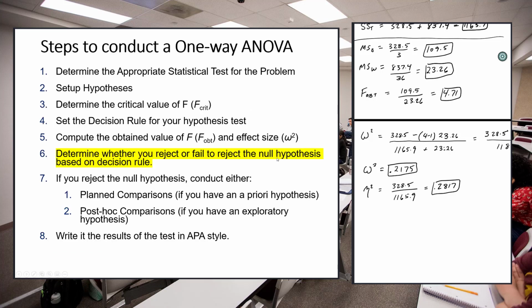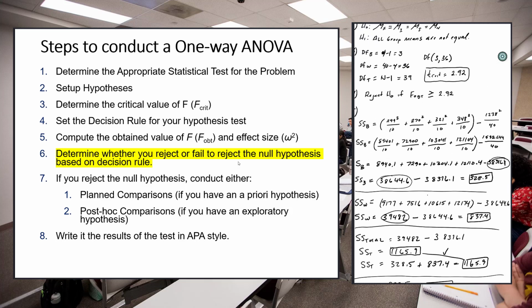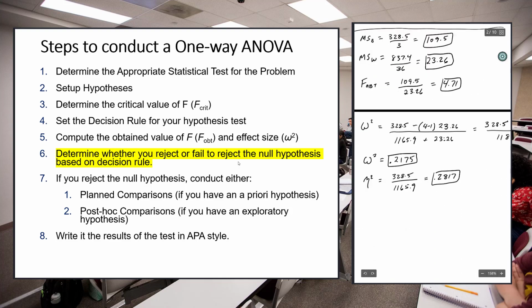Okay. The next thing that we need to do is determine whether or not we reject or fail to reject the null hypothesis based on the decision rule. So our decision rule, we'll scroll back up here, was reject the null if F obtained is greater than or equal to 2.92.